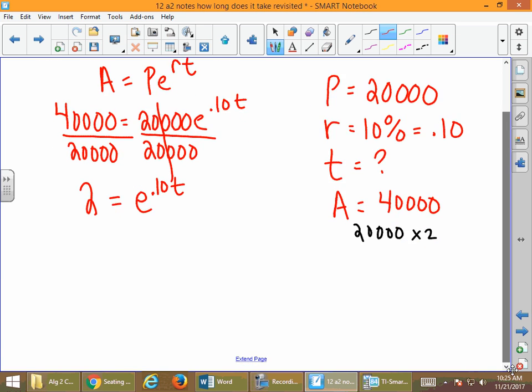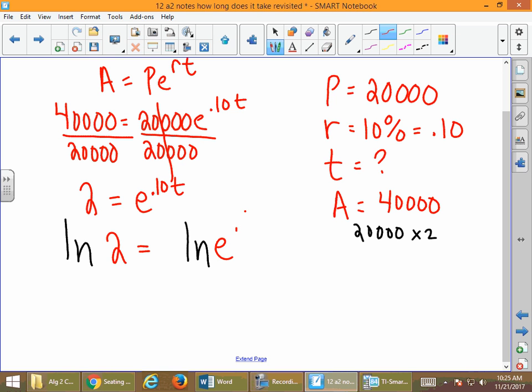And once we get it to here, a lot of you are probably even working ahead of me. I'm going to use natural log. You can use natural log or common log. But I choose to use the natural log because there's an e in the problem. We put a natural log on both sides. Then we're going to take our power property.